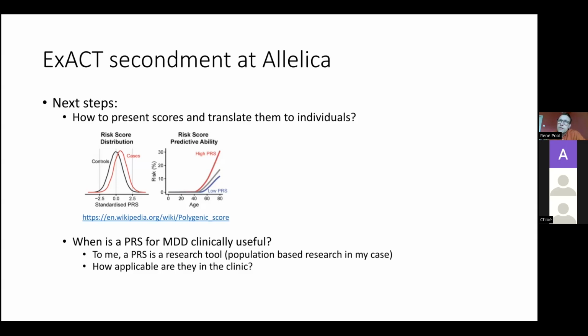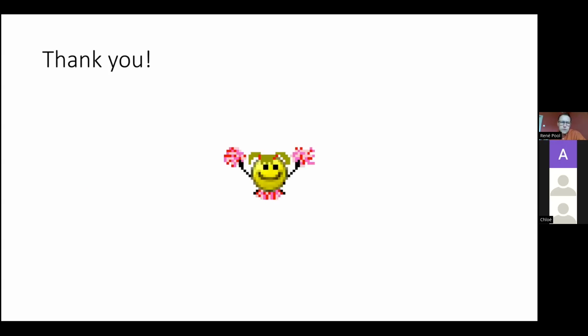So in the field of psychiatry, I think the acceptance of genetic information is a bit lower as compared to other fields in a medical practice. But I'm not really sure. I think that is the case, but I don't have any proof or evidence for that. Because indeed, this was my last slide.